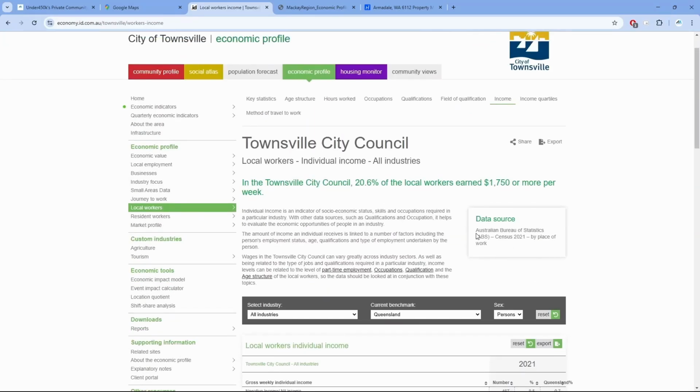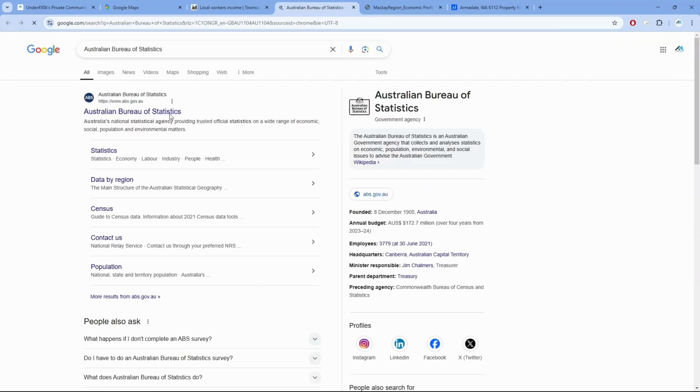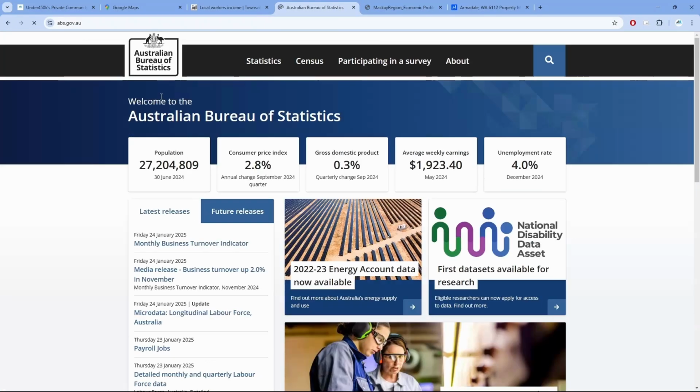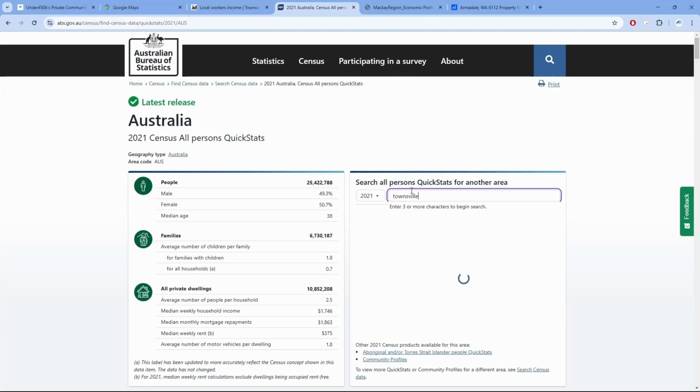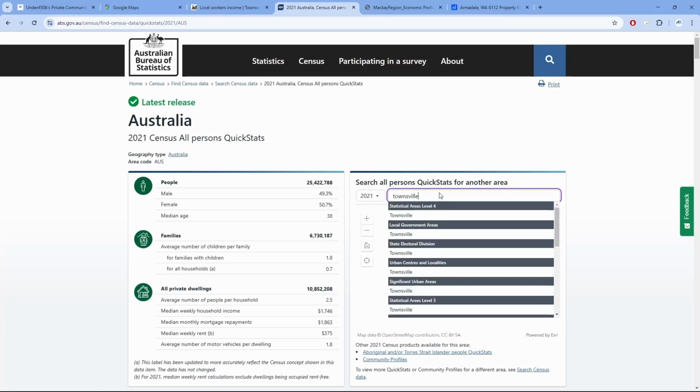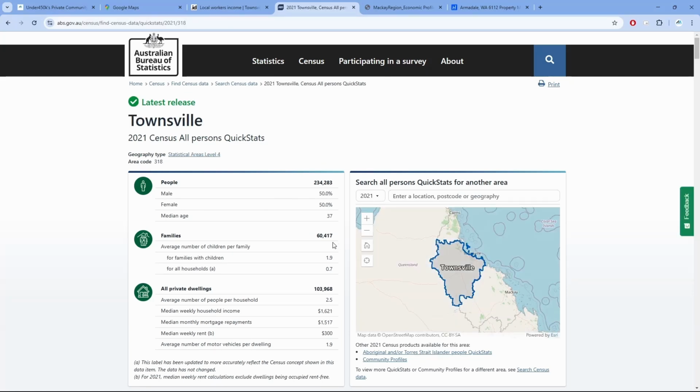Now, obviously, this is ABS data, which means that you can go to the Australian Bureau of Statistics website and also find that information. What you want to be looking at is ABS Quick Stats. If I type in Townsville, for example, and you look at statistical area level 4, you can see the average median monthly mortgage payments as well as the household income within that area.